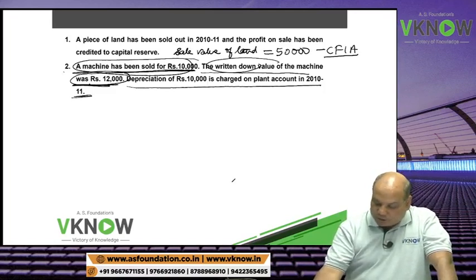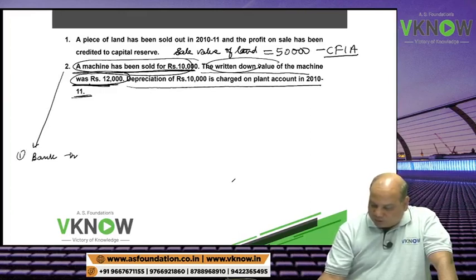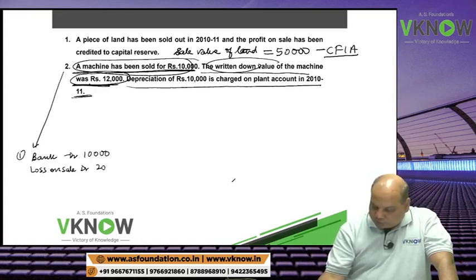So I am going to write the journal entry for point number 2. Interested candidates can note down. Bank account, 2 entries will be required. Bank account debit 10,000, loss on sale 2,000, to plant account 12,000.